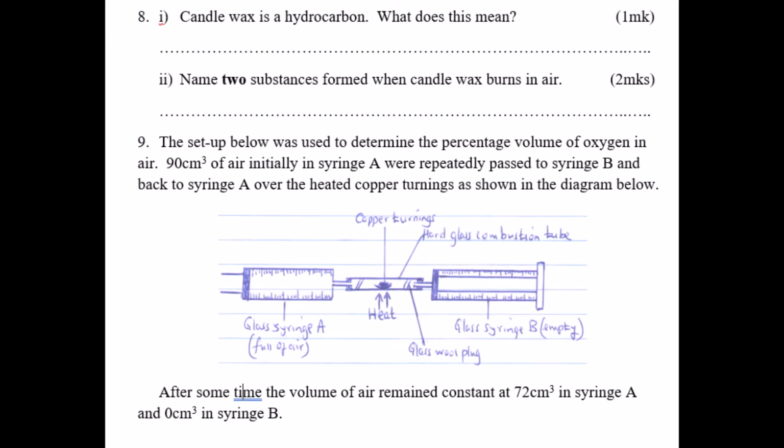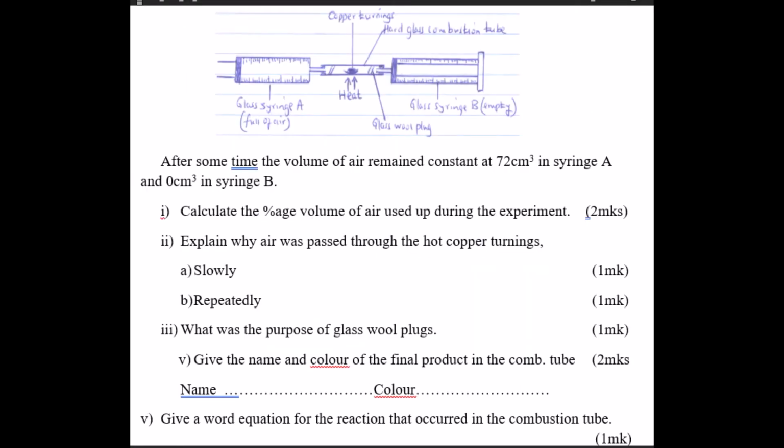Inside the combustion tube are copper turnings that are being heated, and of course the air is passed over it repeatedly and slowly. Good question. You calculate the percentage of oxygen or the percentage of air that was used up during the experiment.